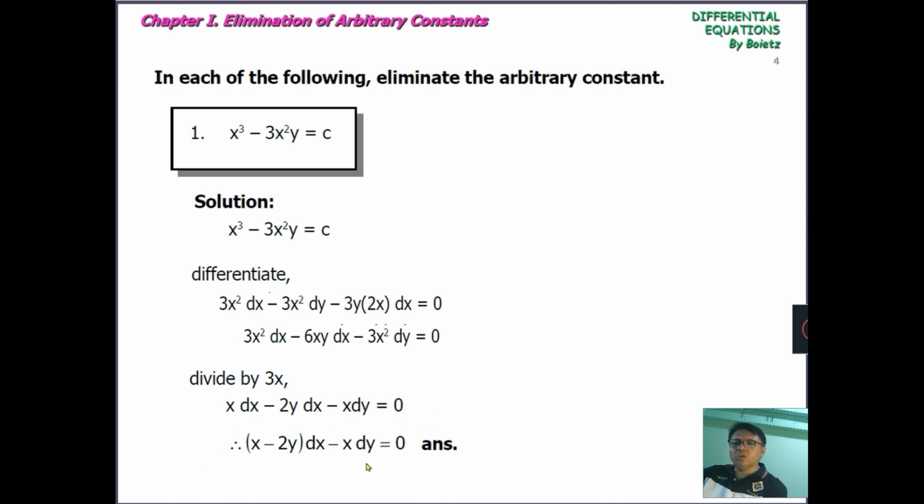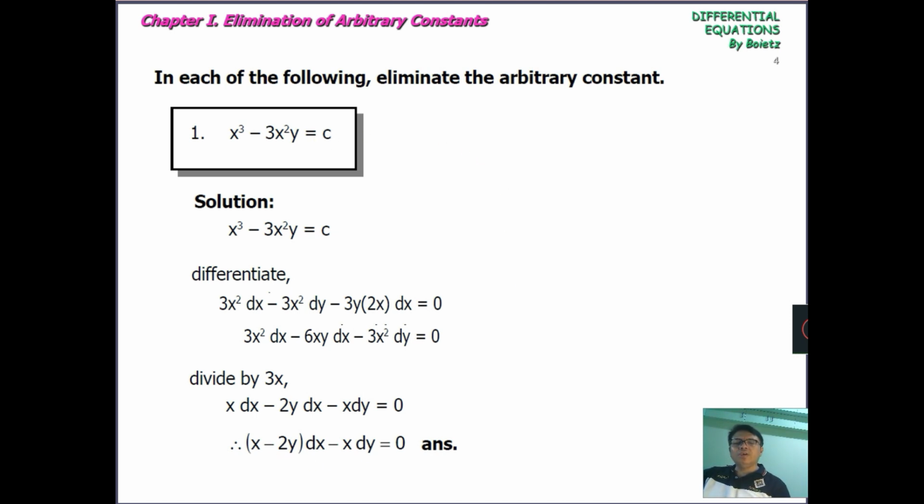Normally, this is the answer that comes out in the book where I got this problem. Up to this point, it could already be the answer. But we have to simplify this further to get the answer in the book. And this is it. Okay? That's how simple it is. But this final answer, that differential equation, is the differential equation of this equation.